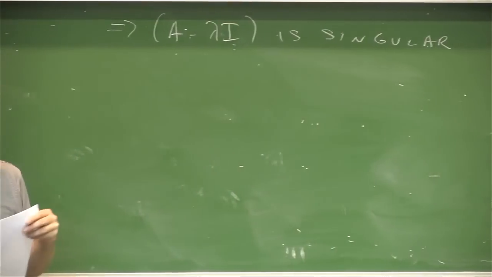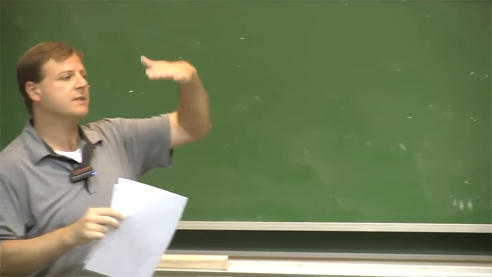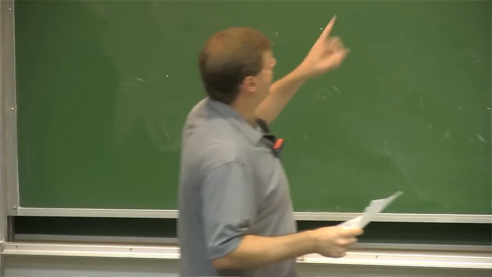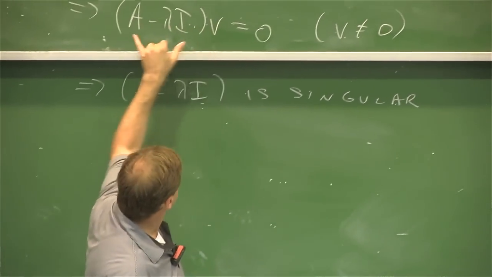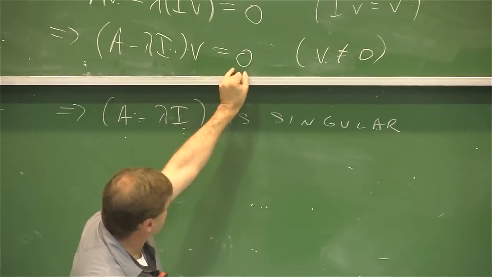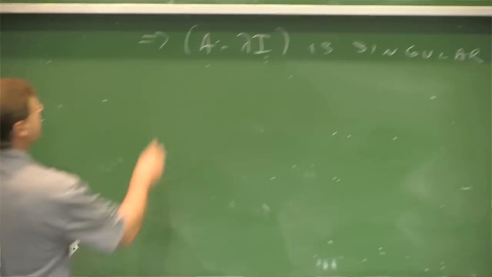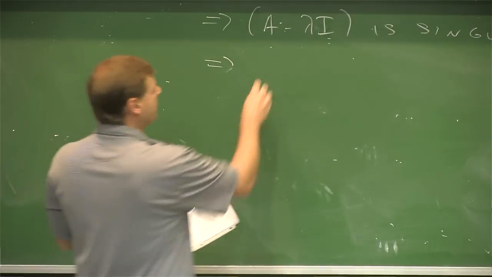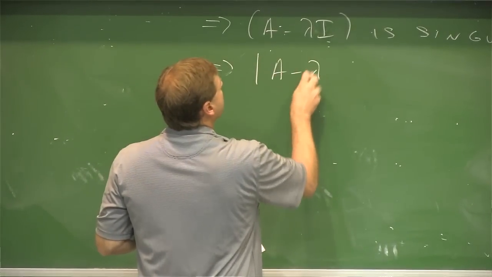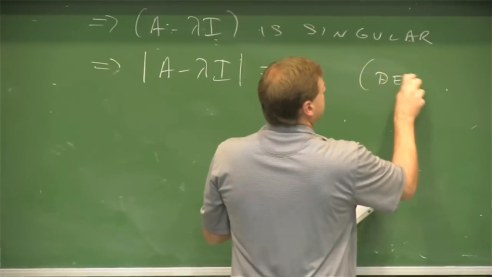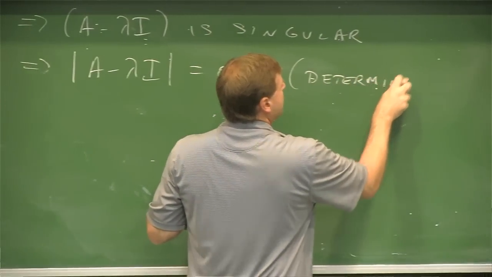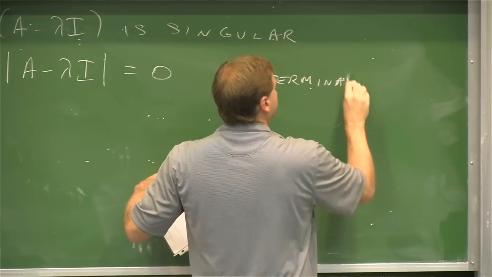So look back at what singular meant, and you'll see that that was equivalent to saying that it had a non-zero vector, the matrix times that vector equals 0. That was one of the conditions. And then one of the other conditions was that the determinant is equal to 0. I'm just reminding you of the notation here.